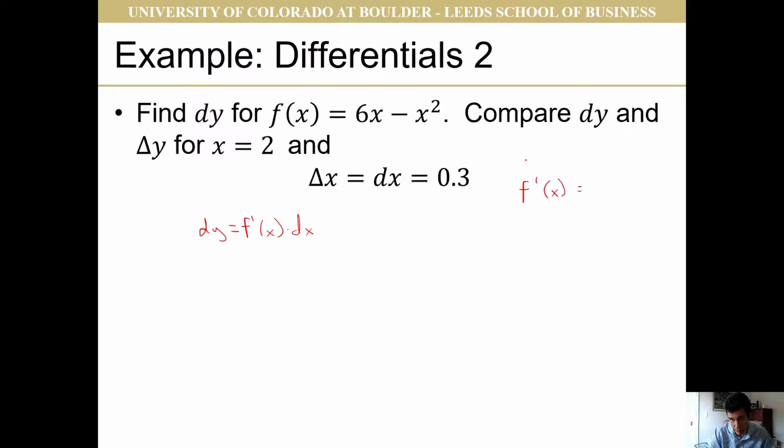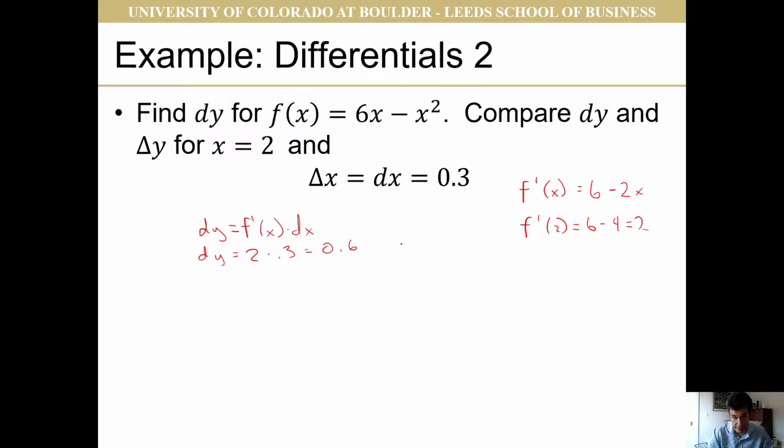We take our derivative: 6 minus 2x. X is 2, so f prime of 2 equals 6 minus 4 equals 2. Dx is 0.3, which means that dy is equal to 2 times 0.3 equals 0.6.